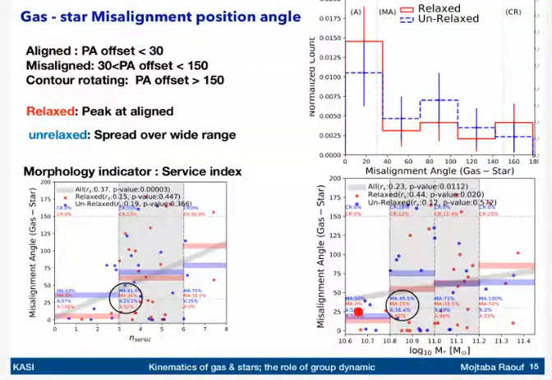And we find there is a stronger correlation between the misalignment angle and the stellar mass in our subsample, because we focus on the brightest galaxies in galaxy groups, compared to the stereoscopic index.